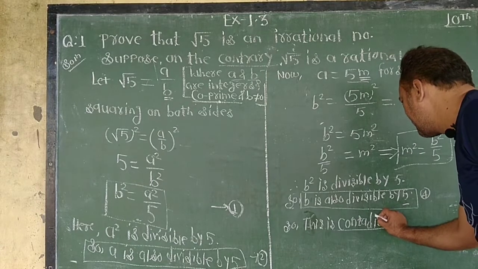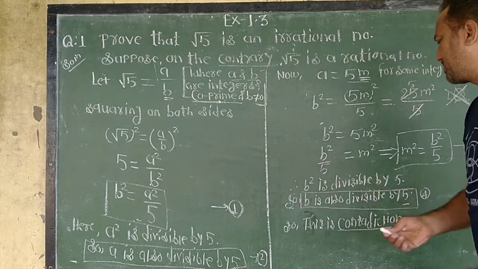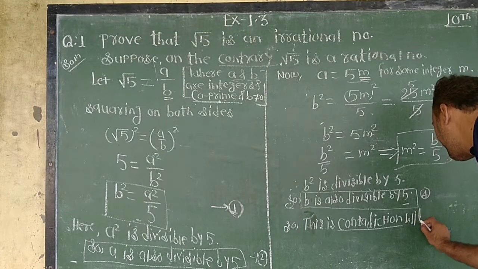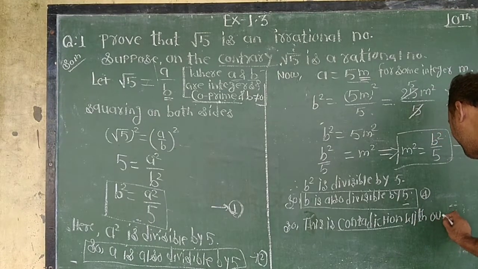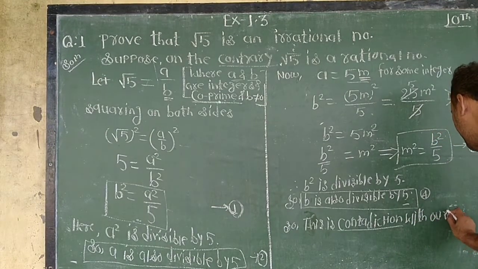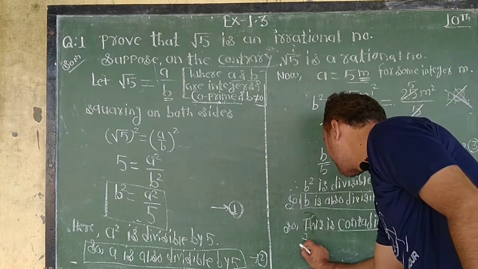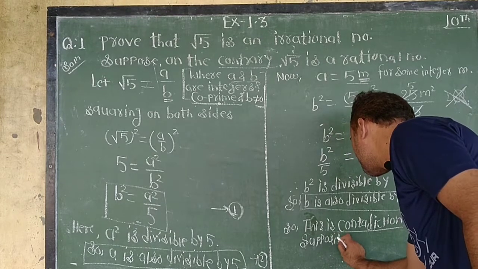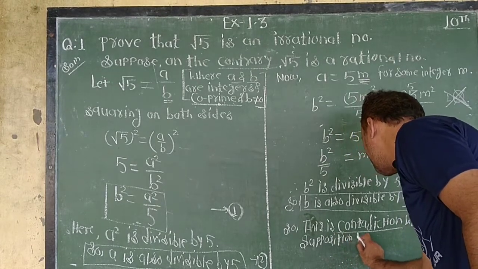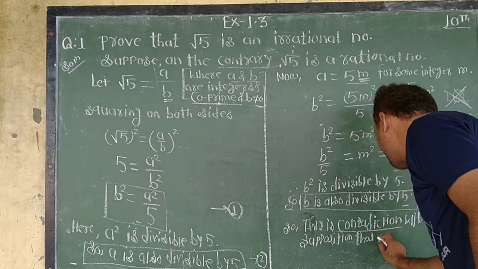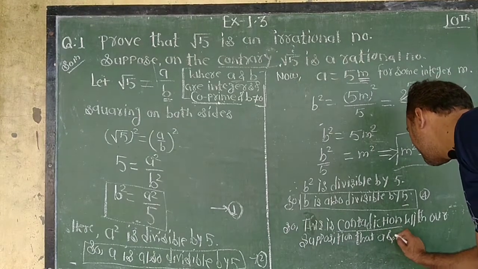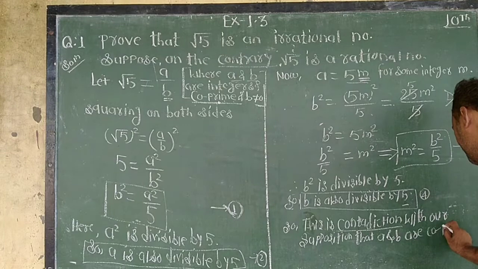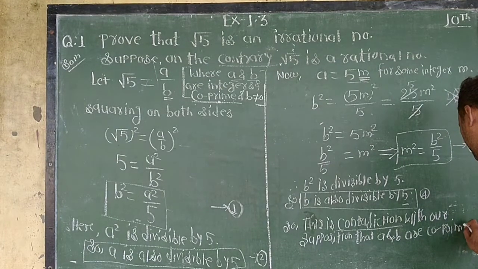This is a contradiction with our supposition that a and b are co-prime.